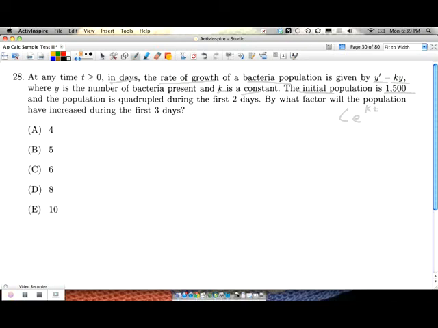Well, 1,500 is our C. And the population is quadrupled during the first 2 days. By what factor will the population have increased during the first 3 days? Ooh, that's interesting. It's quadrupled during the first 2 days.